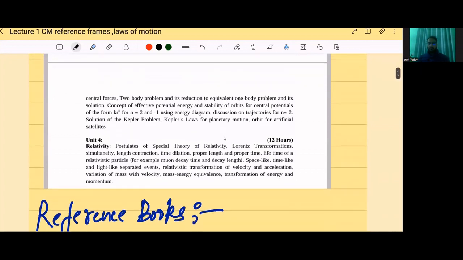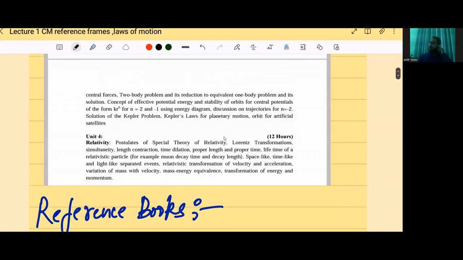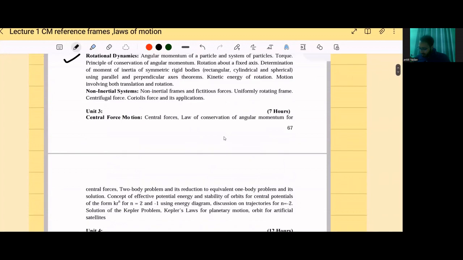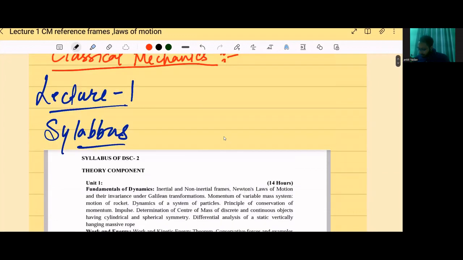And in the fourth and final unit, we are going to cover the special theory of relativity and Lorentz transformations, in that time dilation, proper length and proper time, and many relativistic phenomena. Okay, so this is the syllabus.